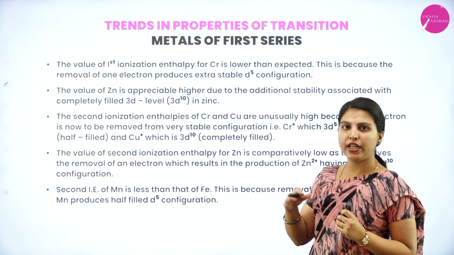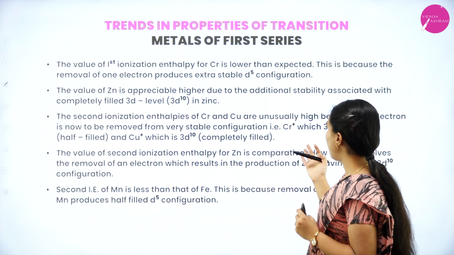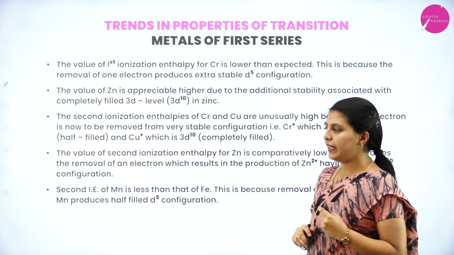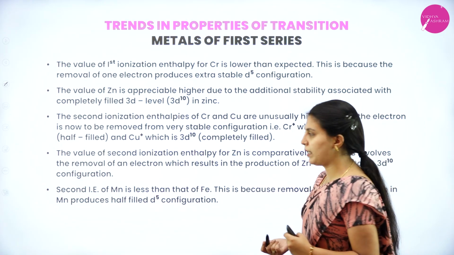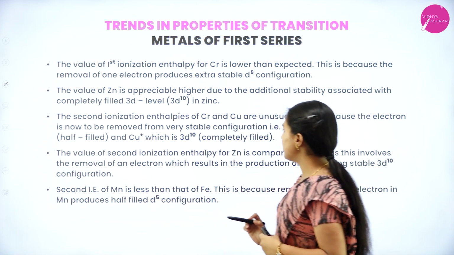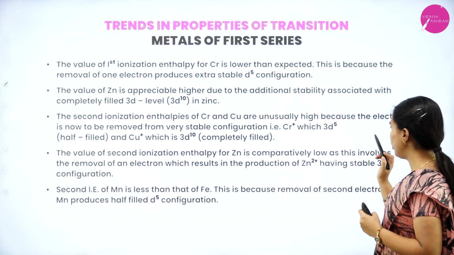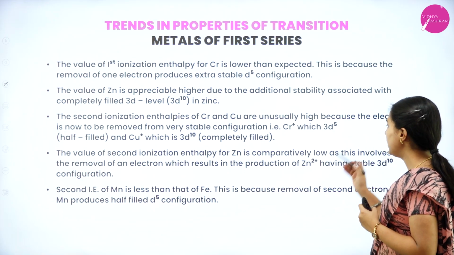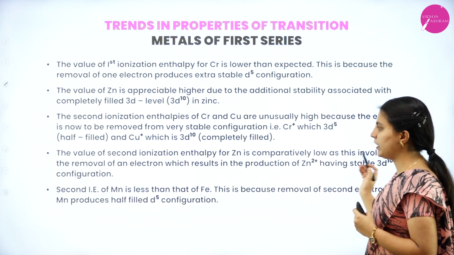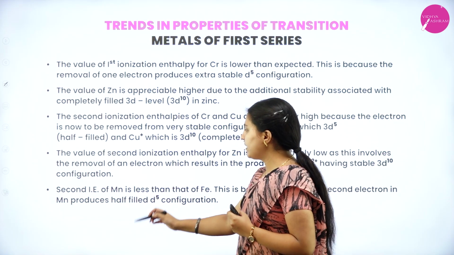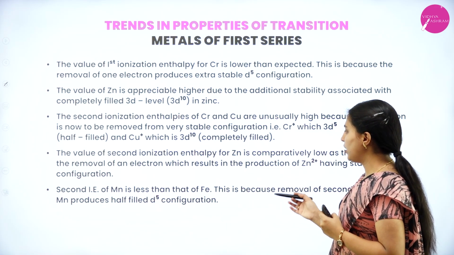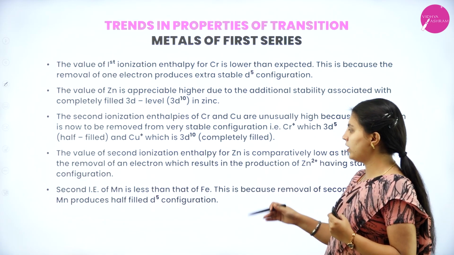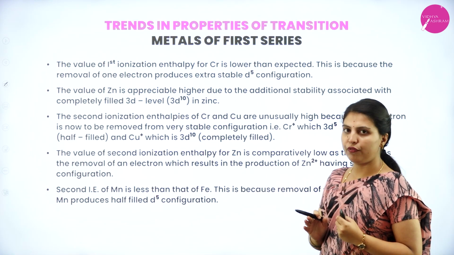The value of second ionization enthalpy for zinc is comparatively low, as this involves removal of an electron which results in Zn2+ having the stable 3d10 configuration. Second ionization enthalpy of manganese is less than that of iron, because removal of the second electron in manganese produces the half-filled d5 configuration.